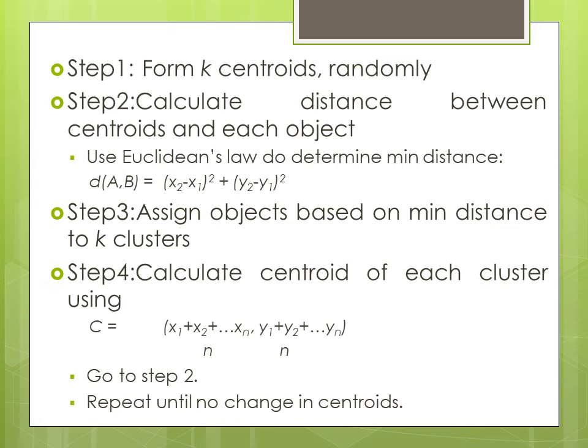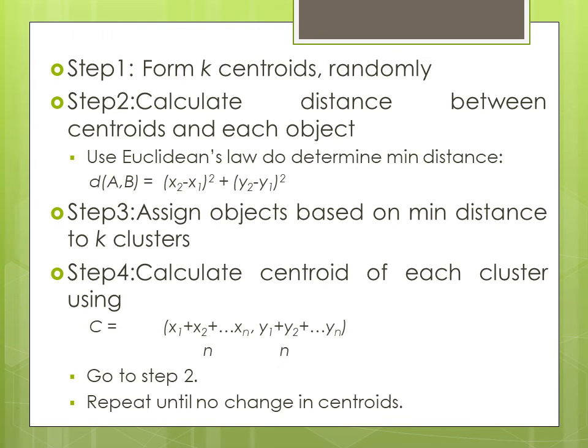The next thing that you have to do is step number 3. Once for each and every point you have calculated the Euclidean distance, you have to find out for which centroid I am getting the least distance.